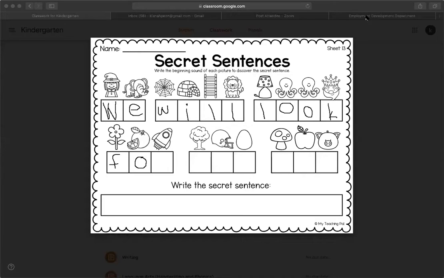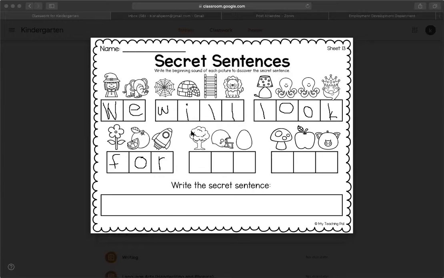Landon, can you tell me what the next picture is? Rocket ship. And what letter does rocket start with? R. Good job. Emmy, can you tell me what the next picture is? Tree. And what letter sound does tree make?